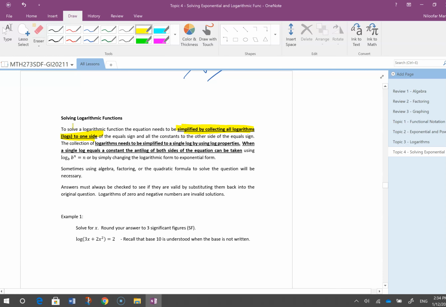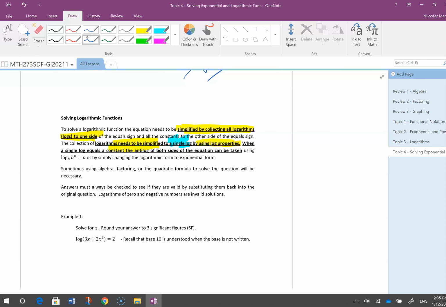I cannot have a logarithm here and a logarithm there, so I have to collect them all on one side, and then I have to use logarithm rules, all the logarithm rules that you saw, which I collected all in one page, I think in topic 3. And then I have to simplify them to just one single logarithm. Okay, so a single logarithm is important.